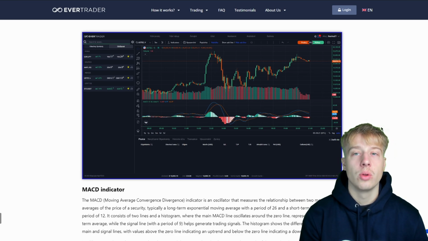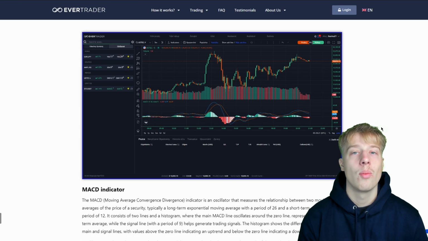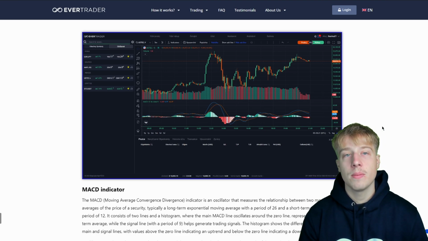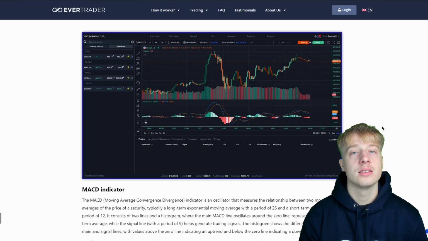It consists of 2 lines and a histogram, where the main MACD line oscillates around the zero line, representing the long-term average, while the signal line, with a period of 9, helps generate trading signals. The histogram shows the difference between the main and signal lines, with values above the zero line indicating an uptrend and below the zero line indicating a downtrend.